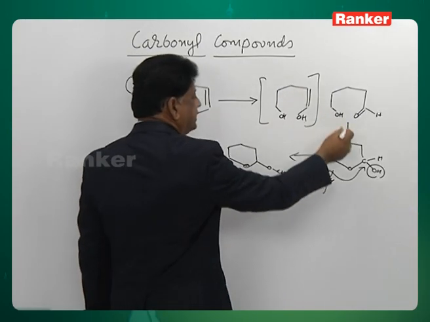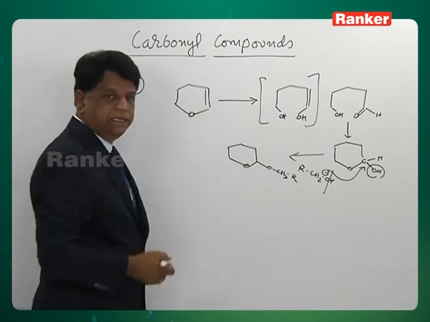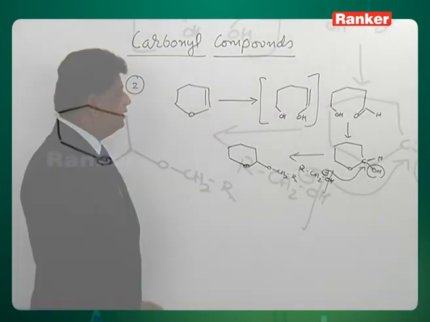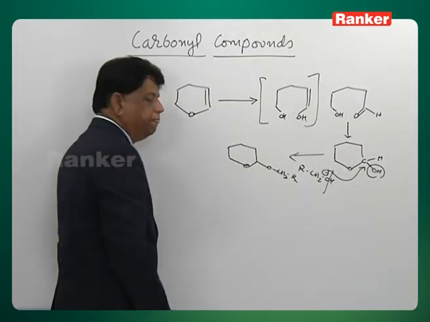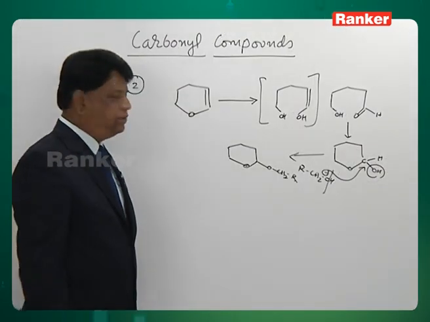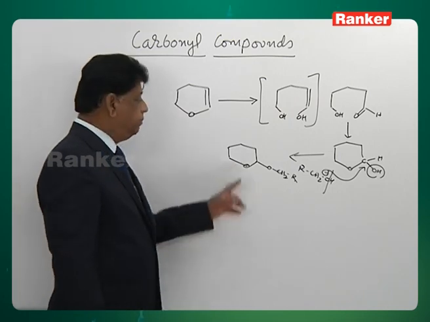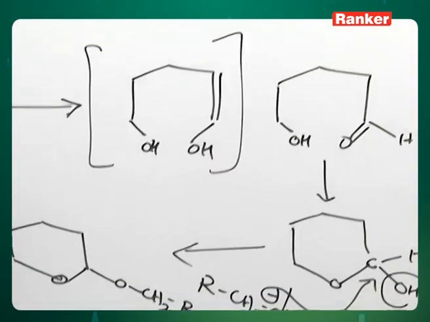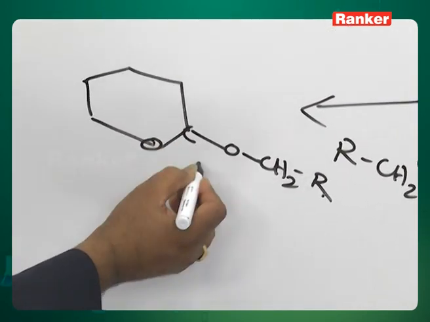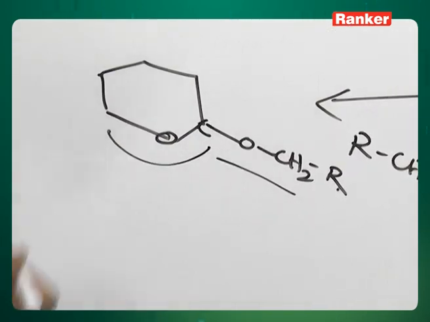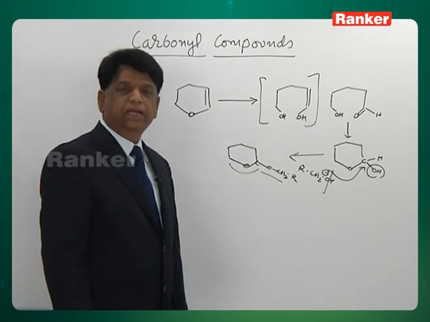But all this reaction you can avoid because he has not mentioned any water here. This reaction takes place directly, with the alcohol replacing the hydroxy group. So to get an acetal, a carbon containing an ether and an ether, 2 ethers and a common carbon, that is an acetal.